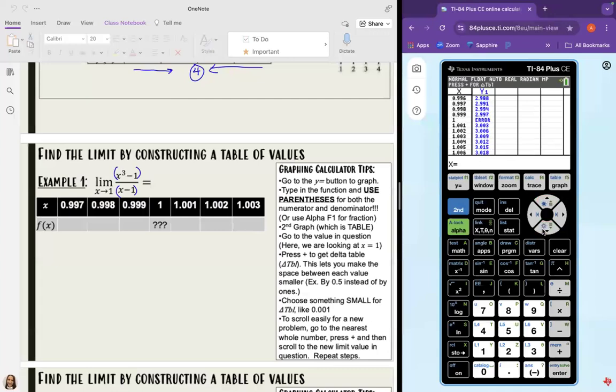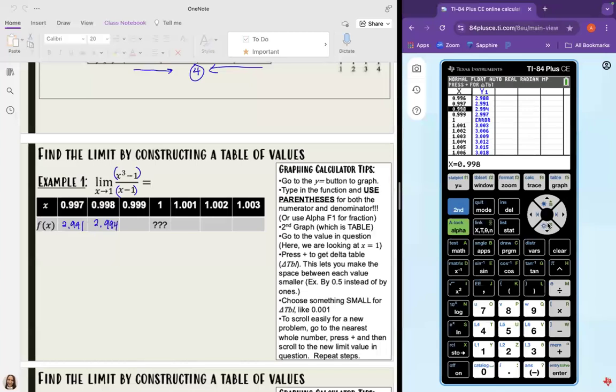Isn't that nice? Now, look at your y values approaching from the left, from 0.997. What's my y value at 0.997? We're going to write this down. 2.991. And at 0.998, it's 2.994.